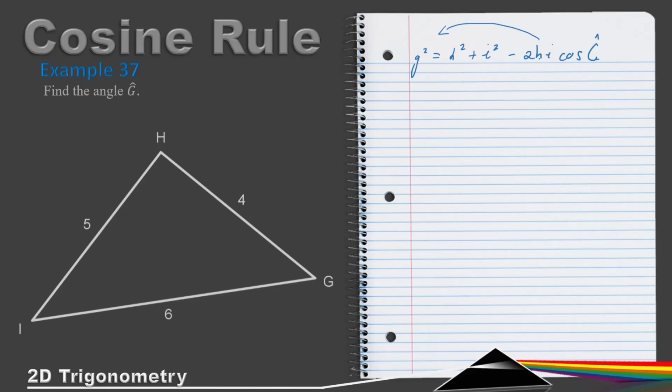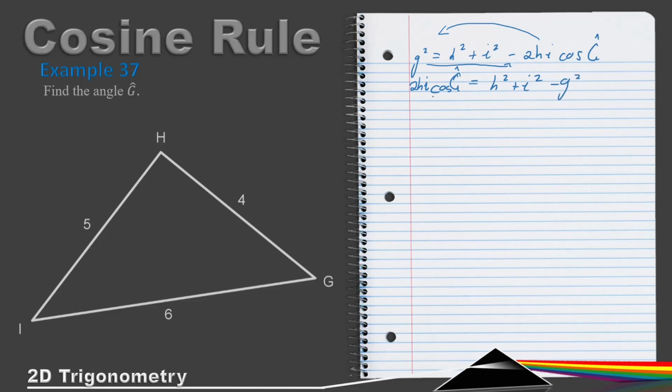This whole term must move together because it's one term. So this is going to be 2HI cos of G, and then this G squared I'm going to bring to the other side. So this is then H squared plus I squared minus G squared.